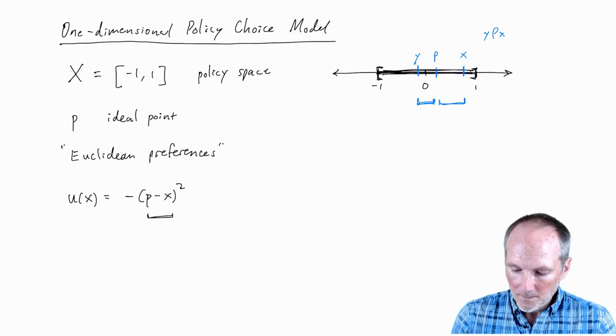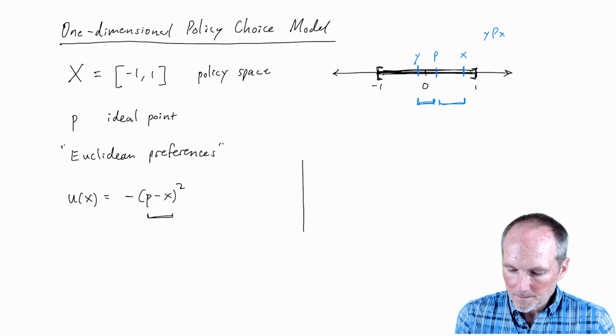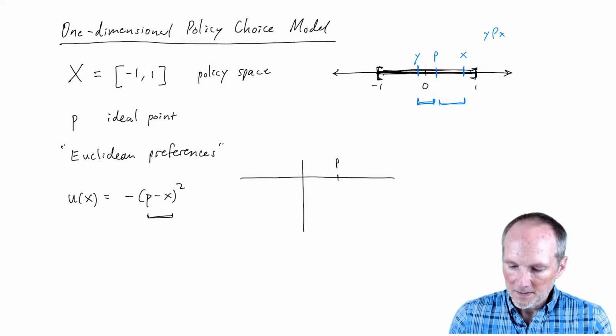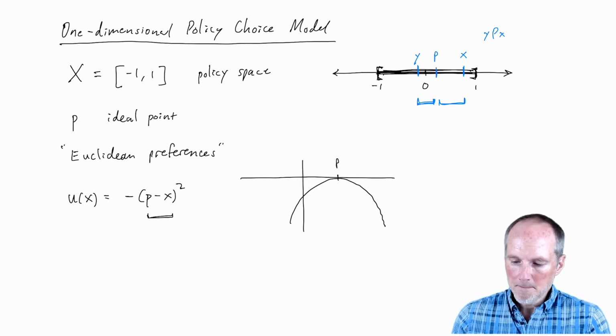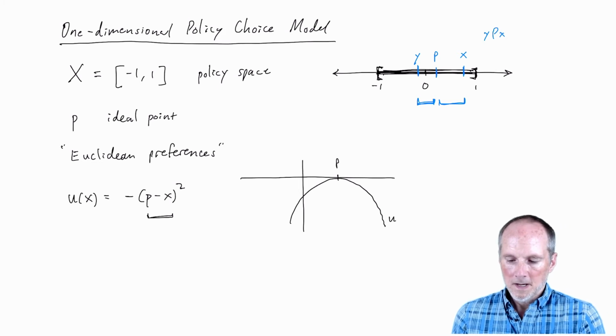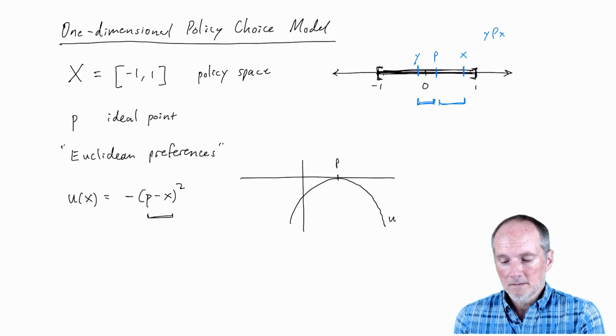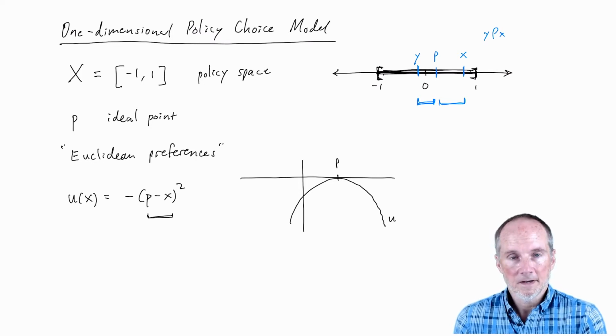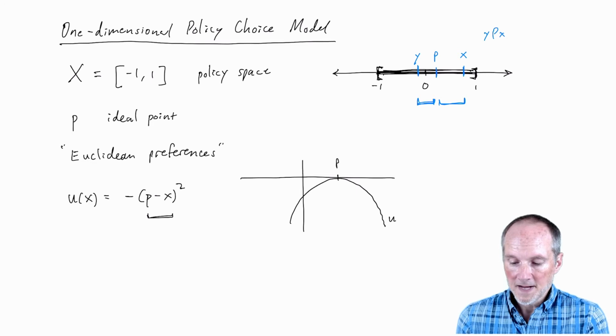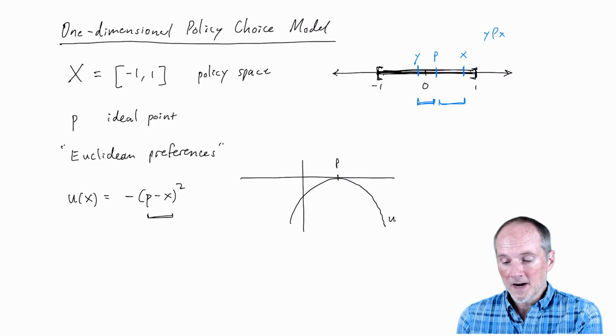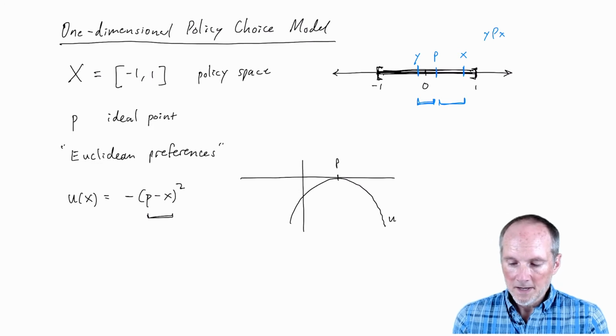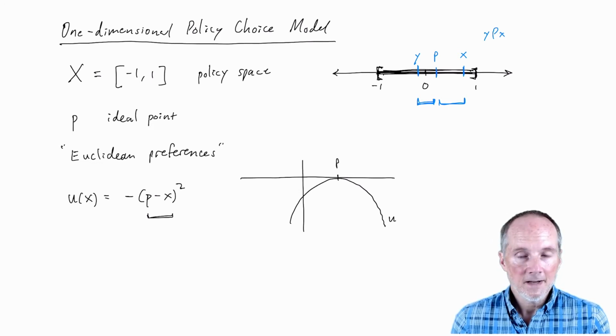So if we were going to graph this, if this is p here, then the utility function is going to have this shape here. And you can see that alternatives that are further from p are going to have lower utility. That's all we need, right? We assign lower utility to things that are worse, higher utility to things that are better. This is called quadratic utility.